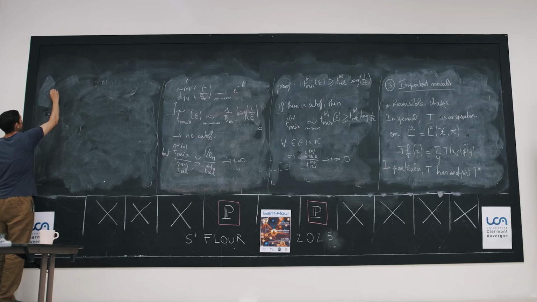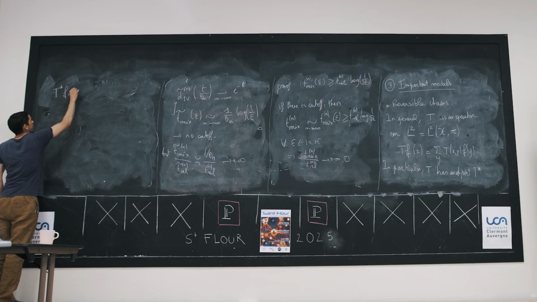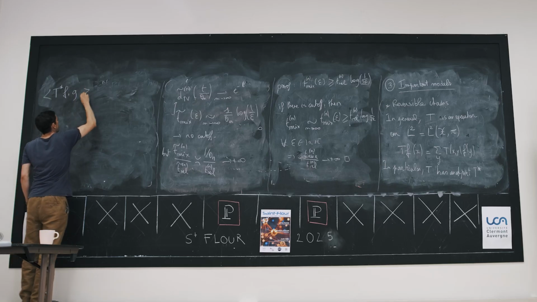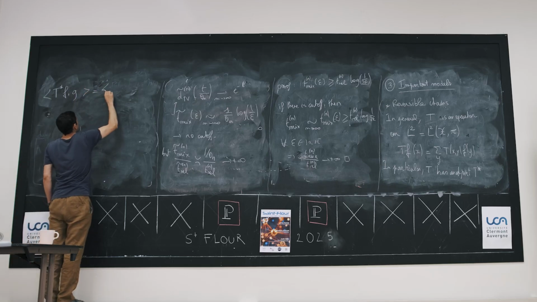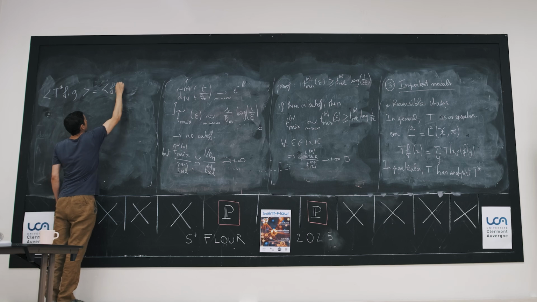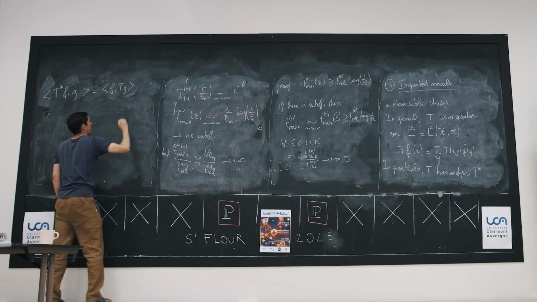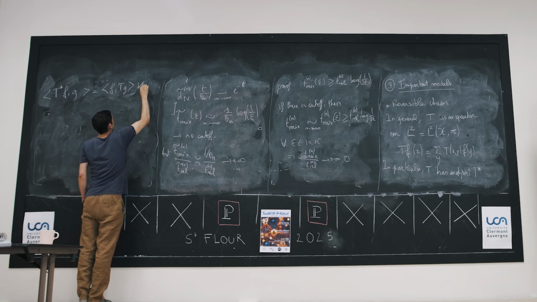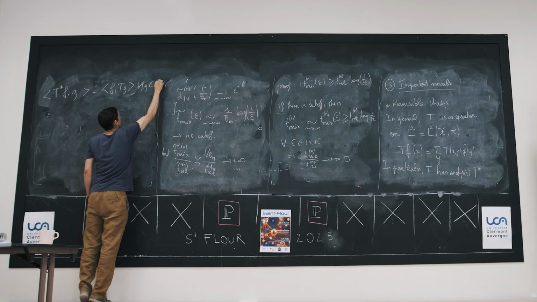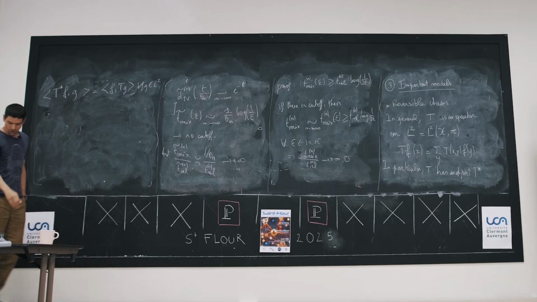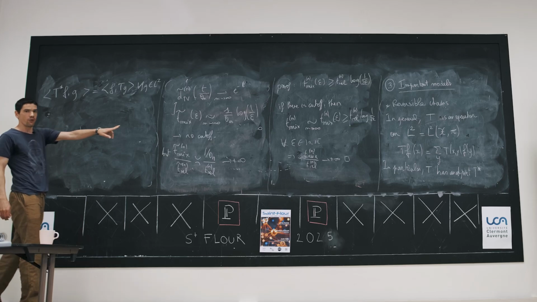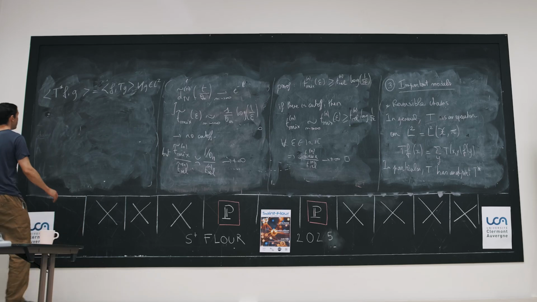The way you define T star is just by duality. So you want this property to be satisfied for every test function f and g. Okay, so you can define it for any operator on any Hilbert space. So that's the general definition. But if you look carefully at what it gives in our very simple setup, what you get is this.